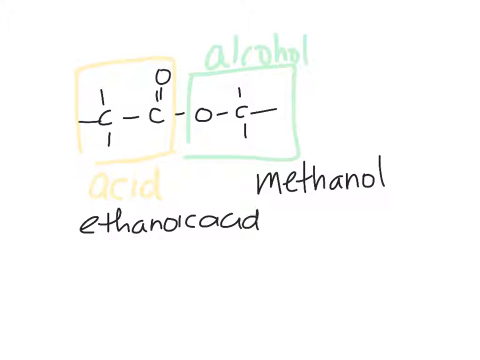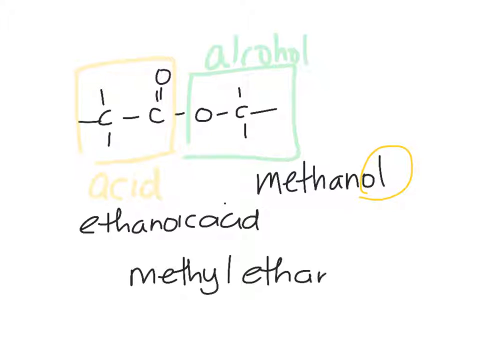Ethanoic acid. So it says change the OL ending of the alcohol to YL. So we're going to take this, change it to YL. So methyl. And you take the oic acid off and add OATE. So ethanoate.